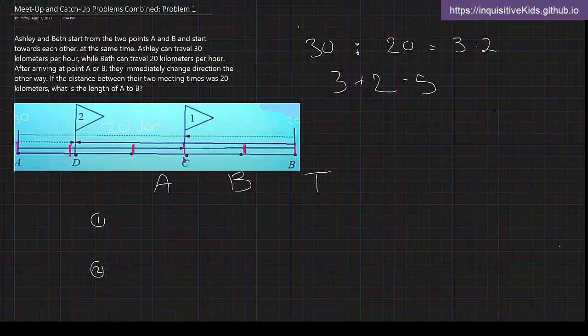So we don't have any specific numbers over here, but what we do know is that added together in the total, they have walked exactly 1 AB. And by their second time meeting, added together, they already have walked 3AB.